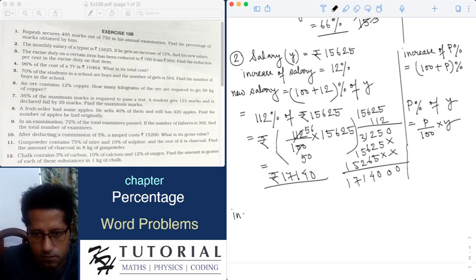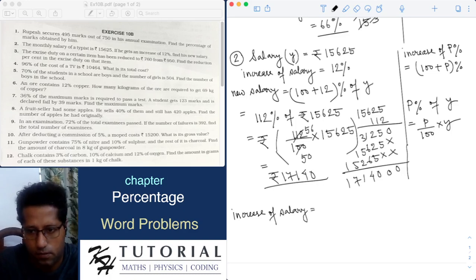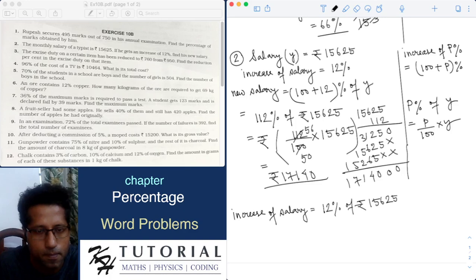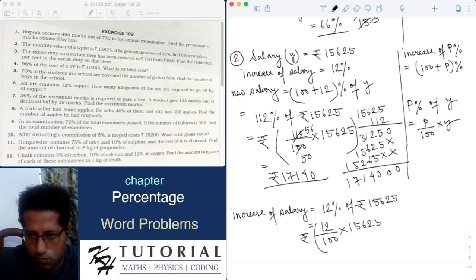If you just calculate how much salary in rupees got increased, the increase of salary will be 12% of the salary, that is 15625. This is 12 by 100 multiplied by 15625.